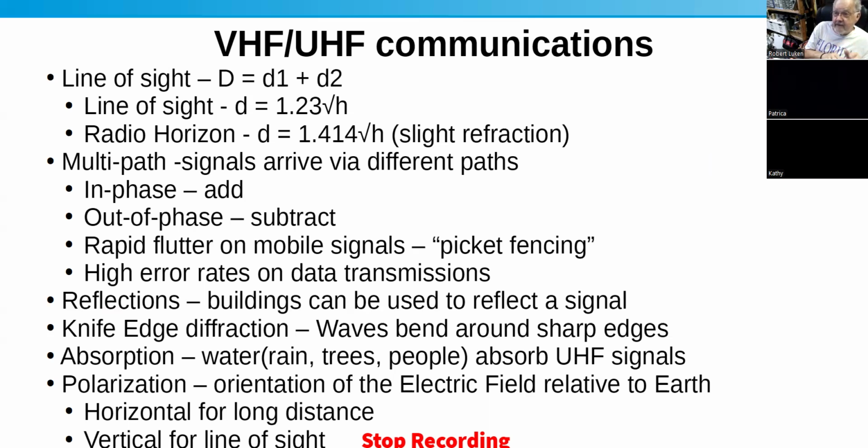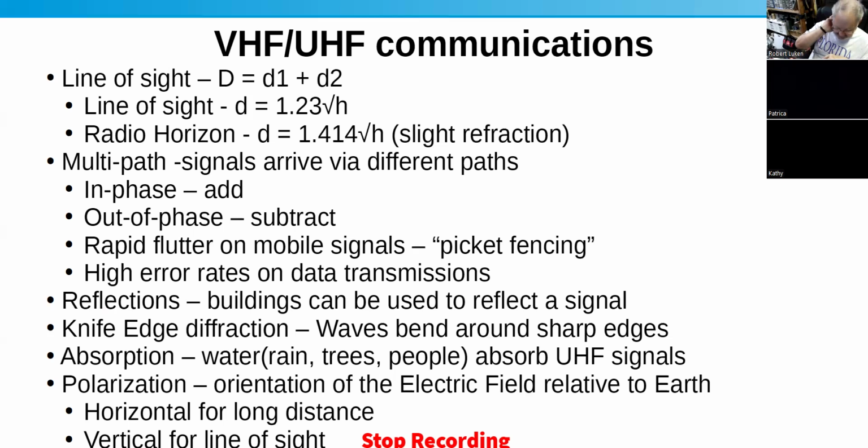The distance to the horizon for you would be 3 times 1.23, or in other words, 3.6 miles. Now, if you had another 9-foot person on the other side of the horizon, they'd be at another 3.6 miles, so you could do a 7-mile communication.